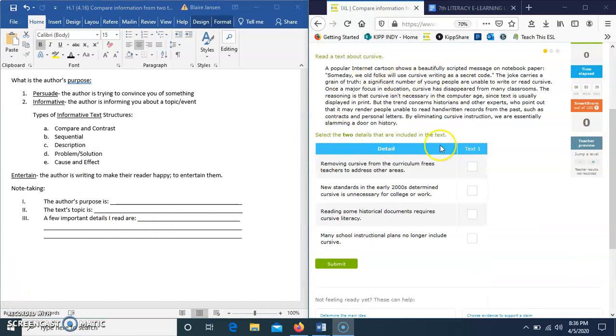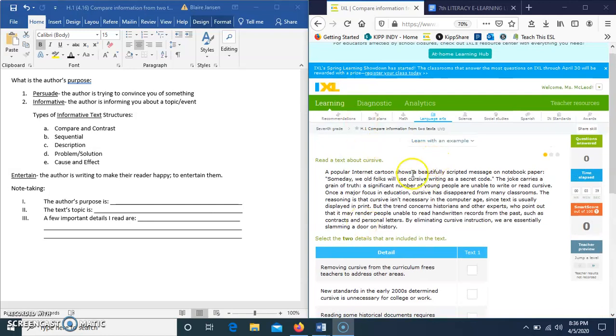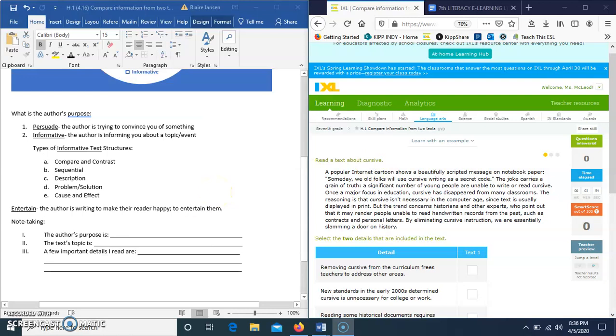Now, if you notice on the right side, we are looking at a text as an example from our section H1, and that text says, read a text about cursive. We already kind of know that cursive will be the topic of our text. We don't really know the author's purpose yet until we look further into the text, but we can probably identify the topic is about cursive.